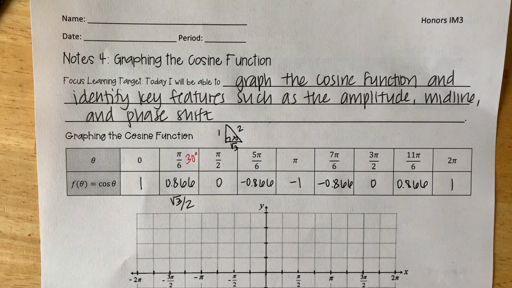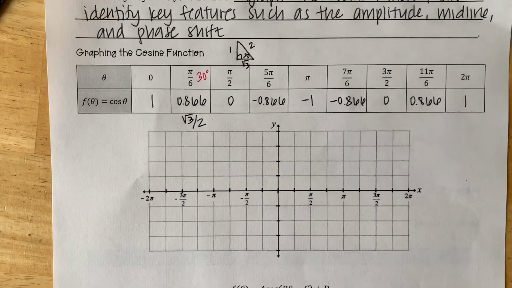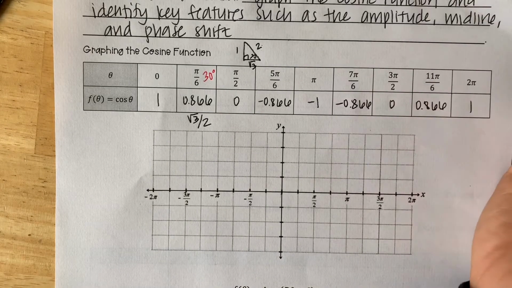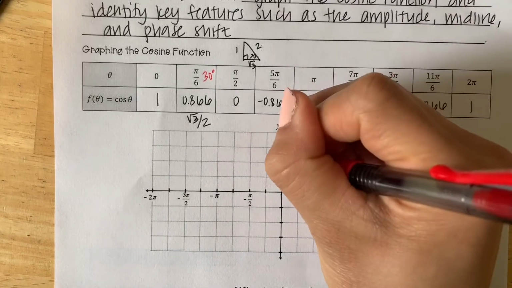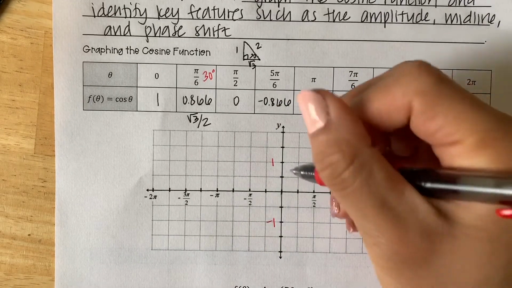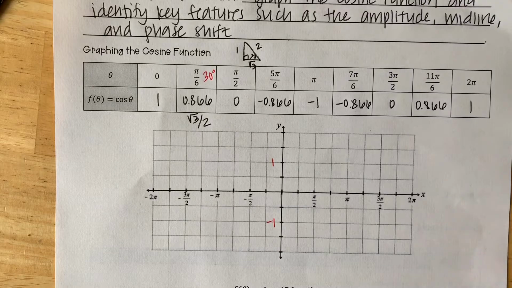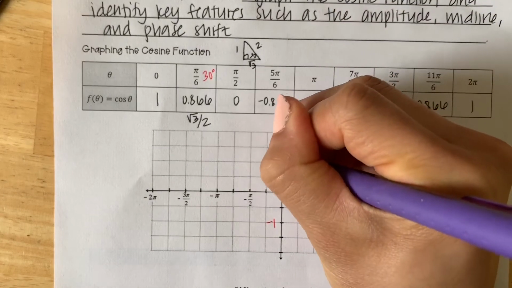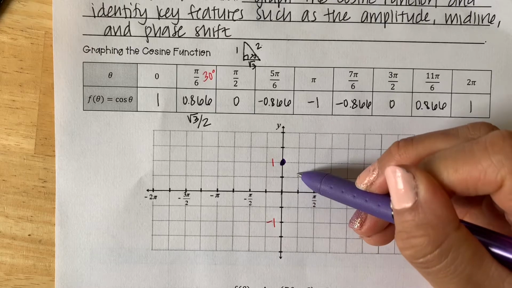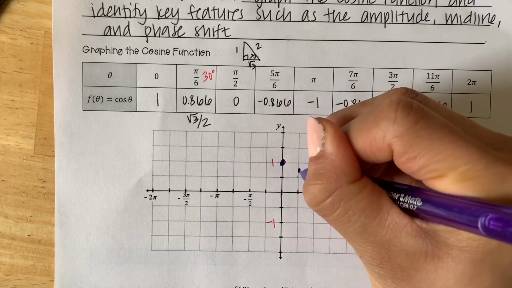We're going to go ahead and graph this function. So at 0, we have 1. Let's scale this. So this is 1 and this is negative 1. So we have 0, 1. Pi over 6, 0.86 is right here.